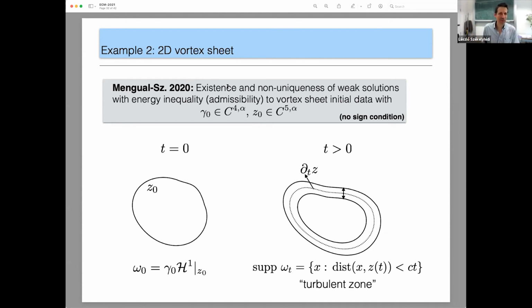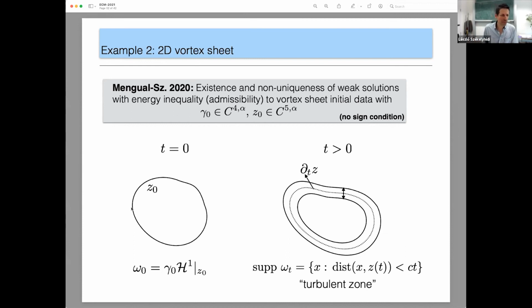So we were able to prove the existence and at the same time non-uniqueness of weak solutions to the vortex sheet problem with certain kind of initial data. It varies from the Delort result, with only the sign condition on the vorticity.